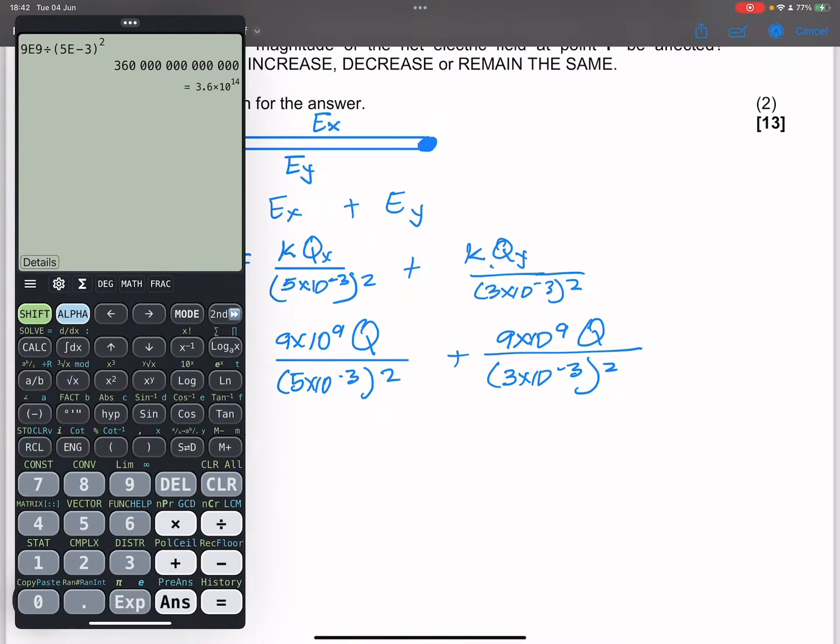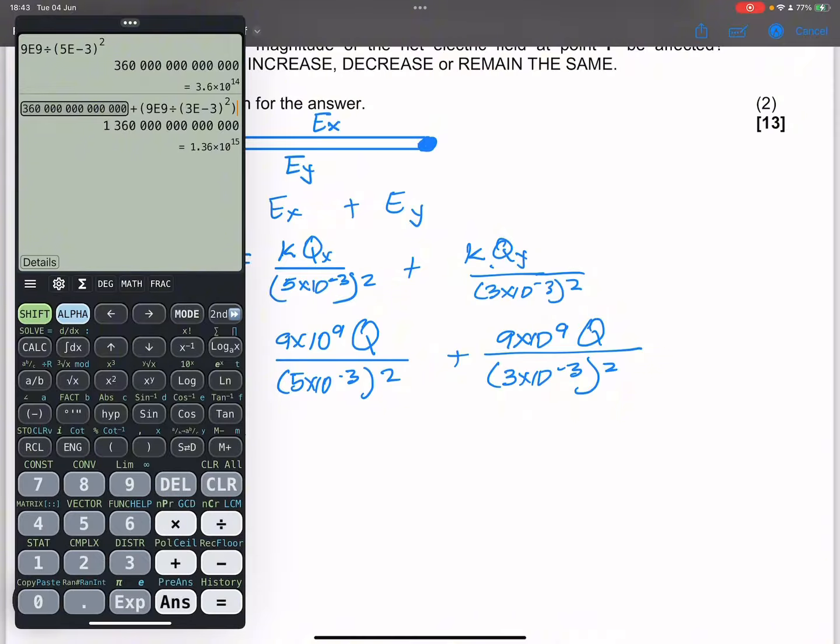So that's the first value for q, plus another 9 exponent 9 divided by 3 exponent negative 3. Once again, we're going to square this, and I close that entire bracket.